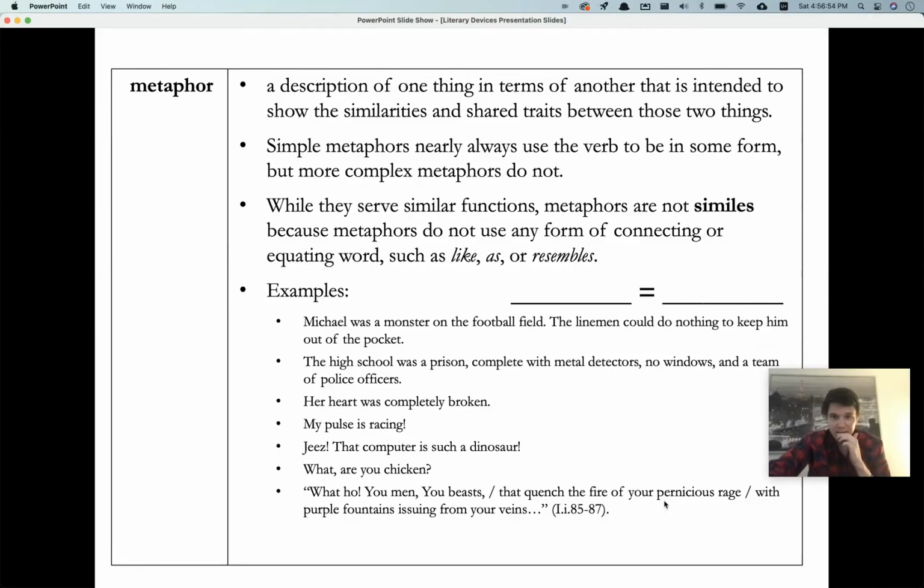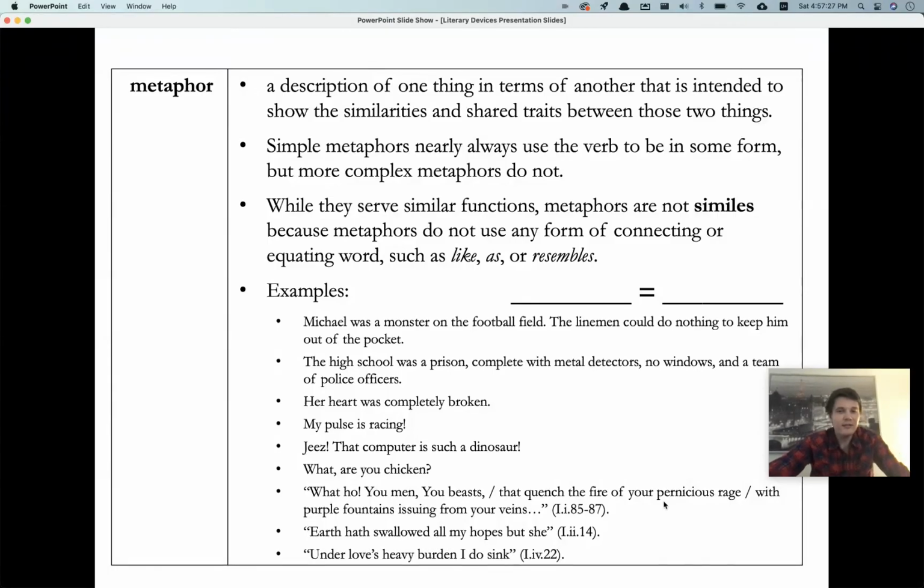Next one here. Earth hath swallowed all my hopes but she. This is actually Capulet, Juliet's dad, saying, like, Juliet is his only daughter. All of his other children died before they got old enough to become a teenager. This idea is like Earth equals a monster with a big maw that can swallow up children.